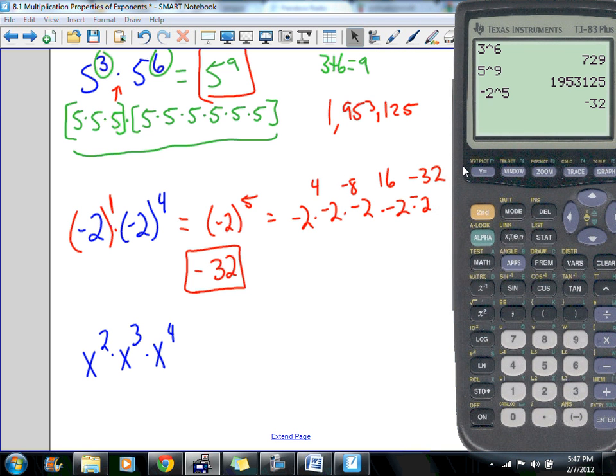Okay, actually it doesn't seem interesting, it seems very obvious. Well, if we change this to negative 2 to the fourth, we know our answer is 16 because we take one of the 2's off and we're left with that. So let's type in negative 2 to the fourth, and we should be getting 16. Uh-oh, something didn't work. And the thing that didn't work is very simple. This negative sitting out front is not being read by the calculator.